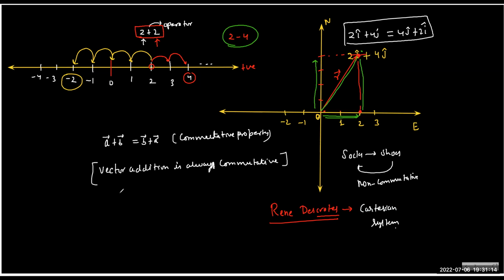If something cannot follow this property, let's say you think that something is a vector, but it fails to follow the commutative property, what do we say? It is not a vector.